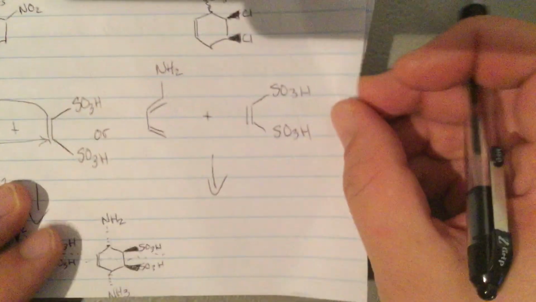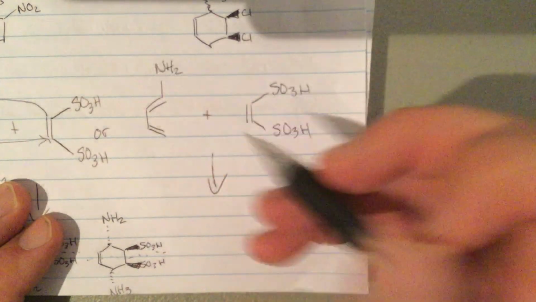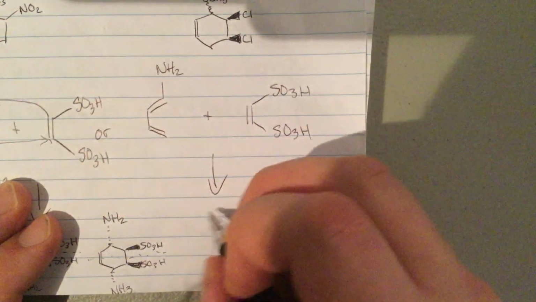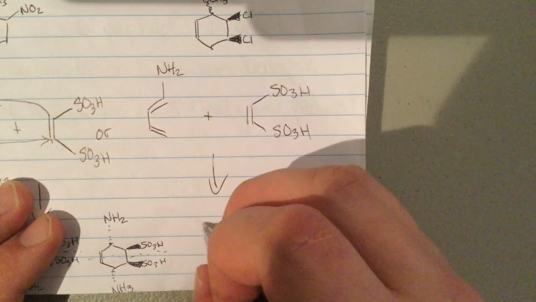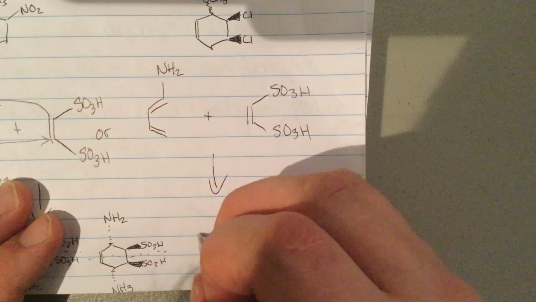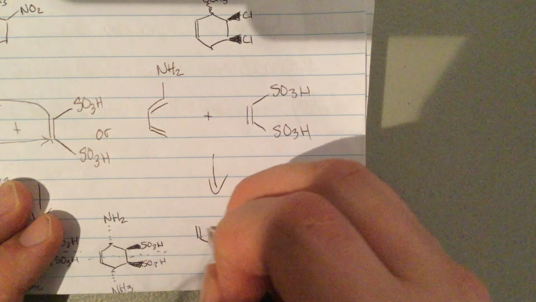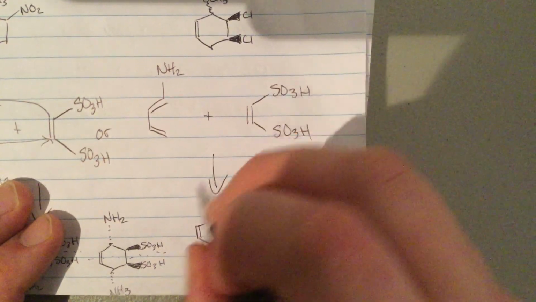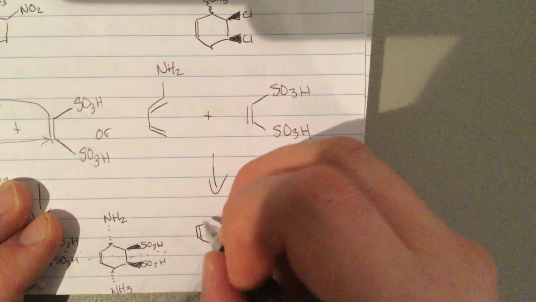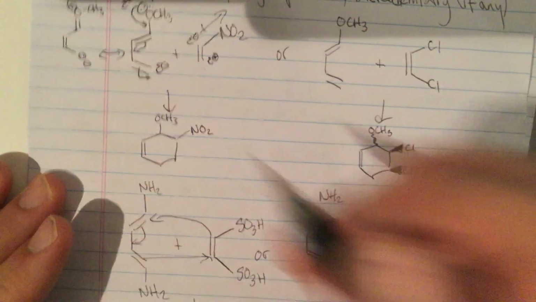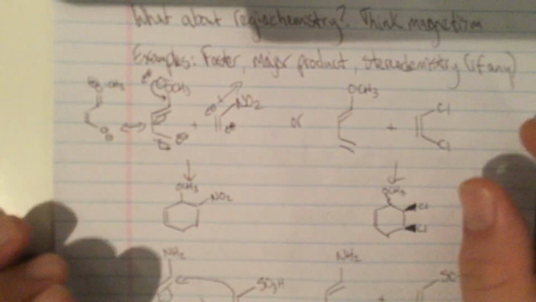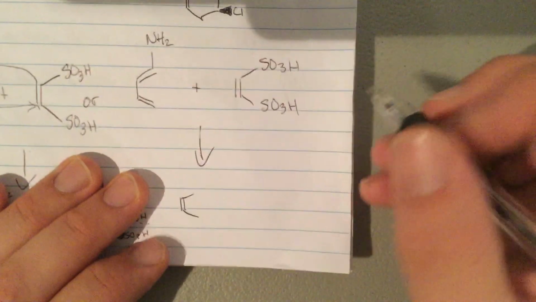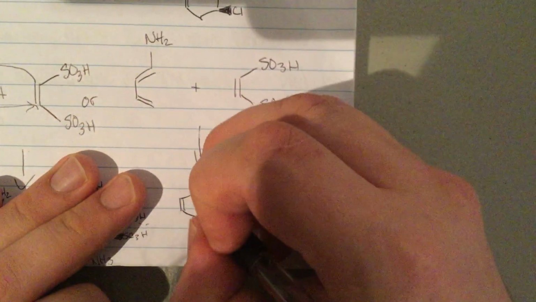All right. Lastly, NH2, again, there is going to be stereochemistry, but there's not going to be any regiochemistry to worry about because these both are the same. So really the one example that I had in the beginning is more of the regiochemistry example here. Okay, back to our problem.